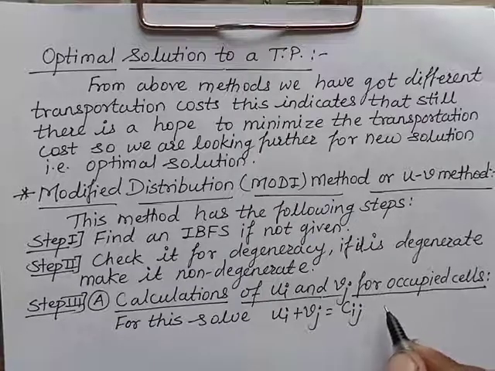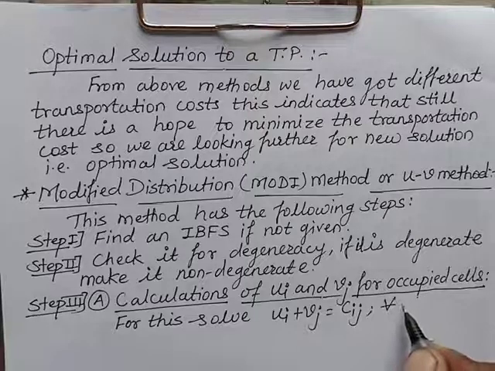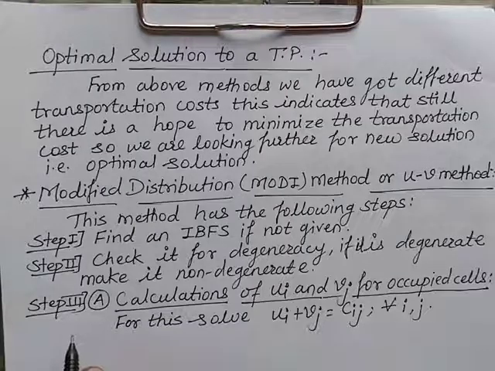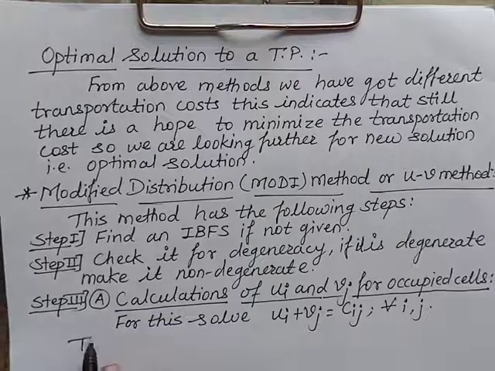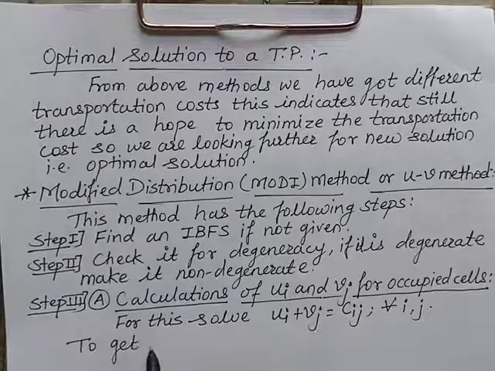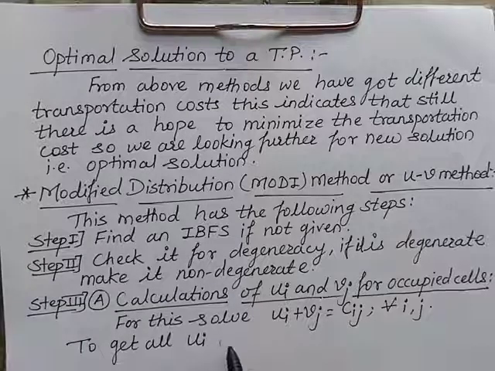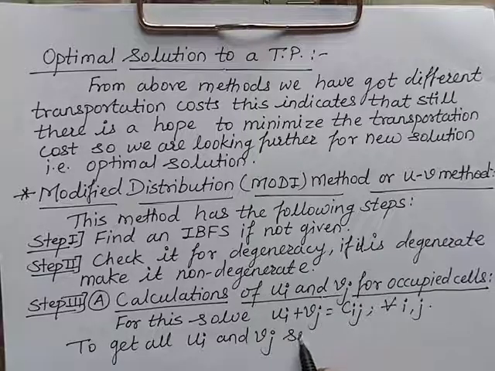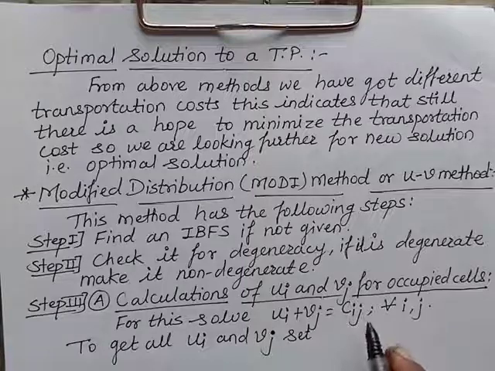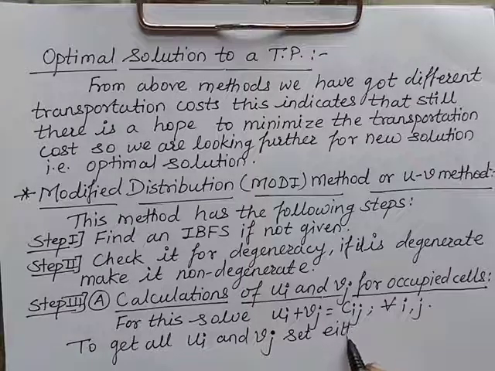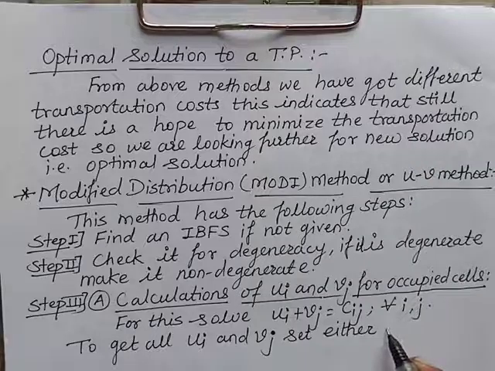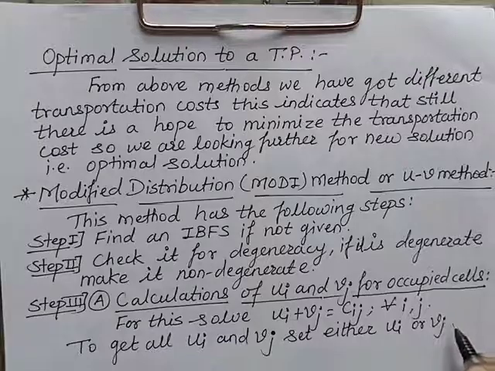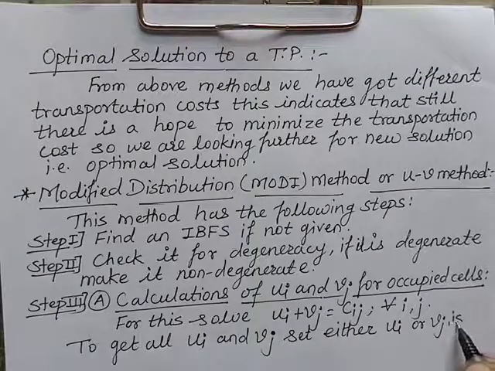Cij is the cost for that cell, for all ij. To get all ui and vj, set either ui or vj as 0.